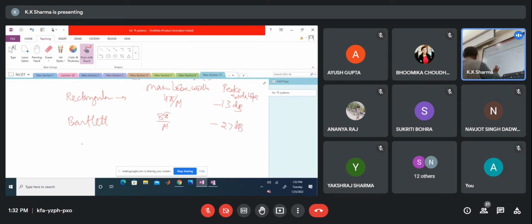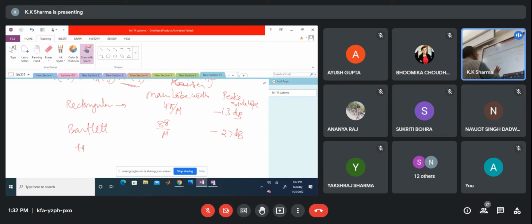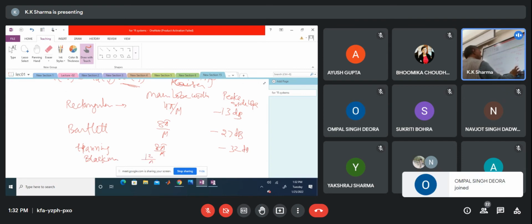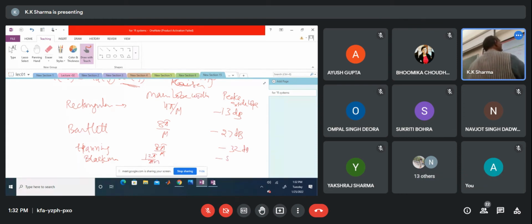Likewise, for the Hamming window, it is again 8 pi by m, and let us say this is minus 32 dB. And last is the Blackman window, where the main lobe width is 12 pi by m, but this is the largest.